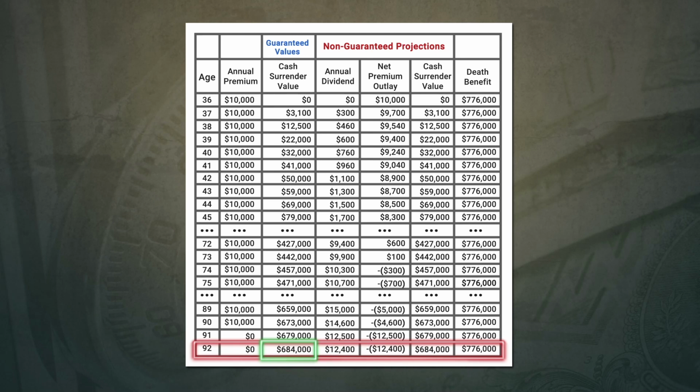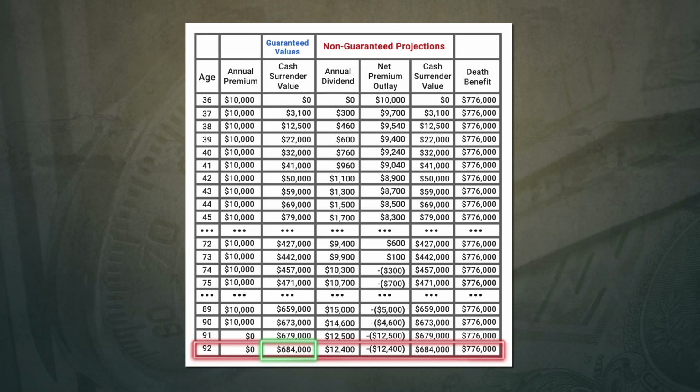Now, I don't have it shown here just because it was too much to fit, but actually, the way these policies are designed, if you let them run out to the full maturity point, to when they complete, you would see the cash surrender value would gradually rise and ultimately equal the death benefit. So for this policy, which I believe was designed to mature or complete at age 121, that guaranteed cash surrender value would keep going up year after year.